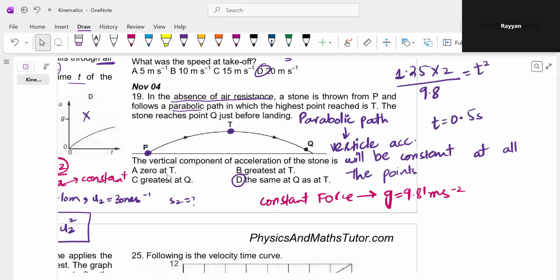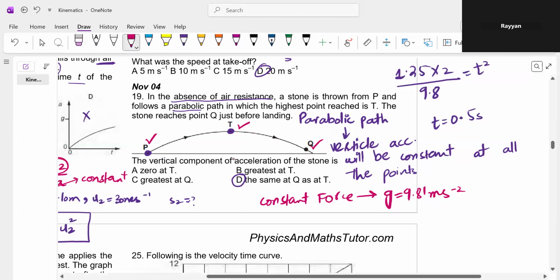I am not saying throughout. I am saying at this point, and at this point. Are you getting my point? So just like the vertical, it will change at T and Q, not throughout the motion. But when we talk about the horizontal component, that remains constant throughout the motion, throughout the entire flight. Clear? Okay.